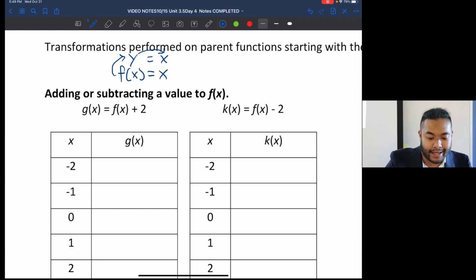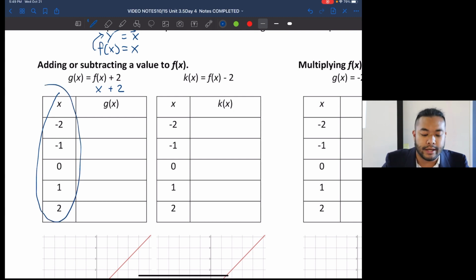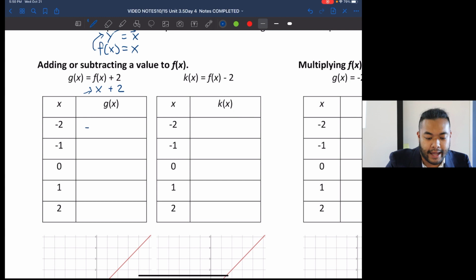So g of x is the transformation function of all the x values of the parent function plus 2. On a table, if I look at my favorite x values, -2, -1, 0, 1, 2, and plug those in for x, that gives us -2 plus 2, -1 plus 2, 0 plus 2, 1 plus 2, and 2 plus 2.